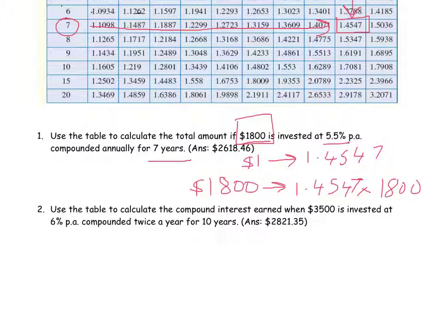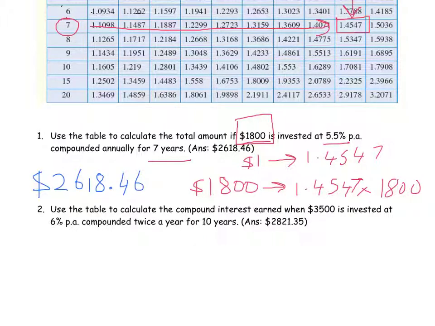Okay, now work that out. Let's have a look. We have 1.4547 times by 1,800, and that gives me a final answer over here of 2618.46.